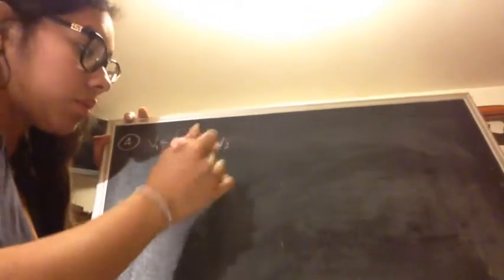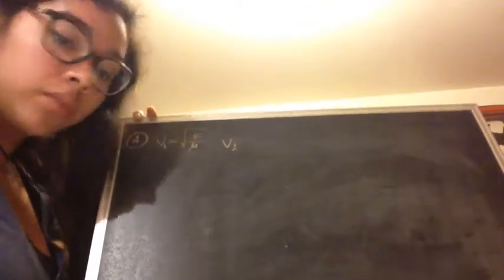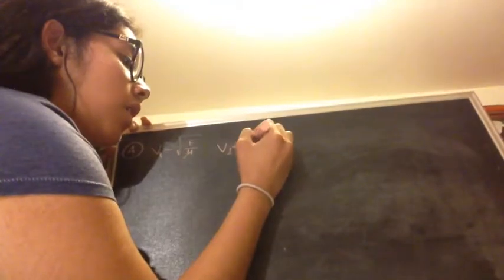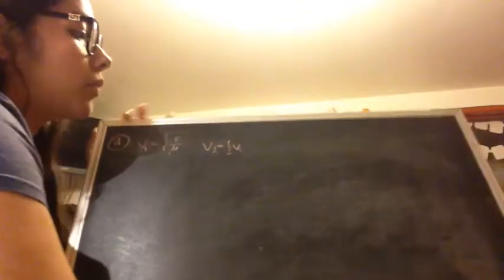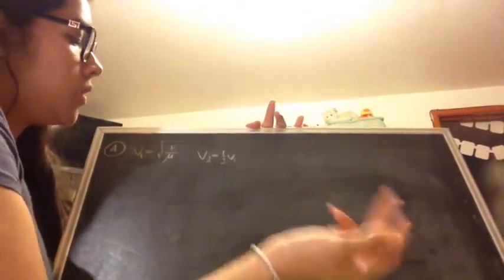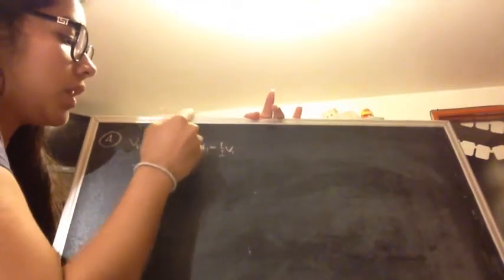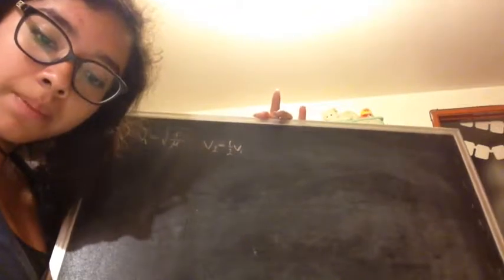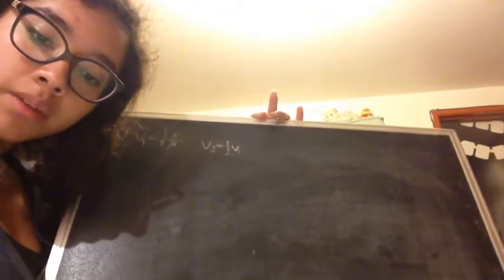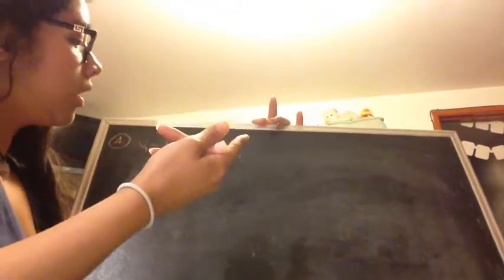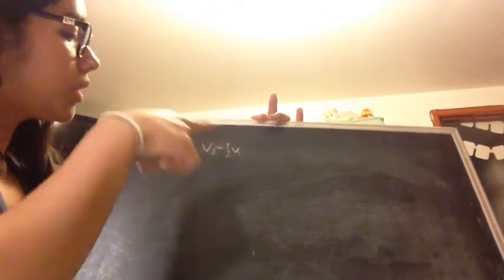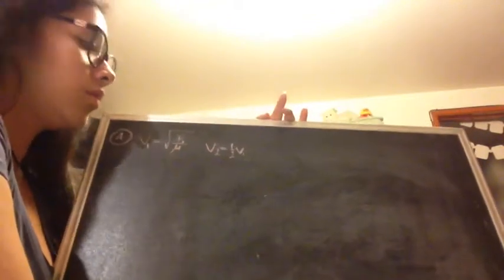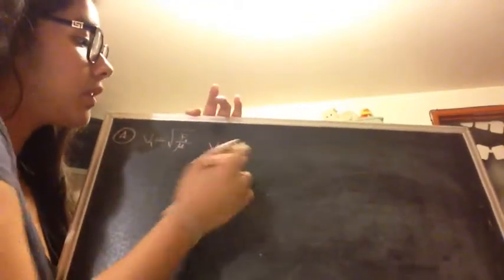It's half, so it's going to be 1/2 of velocity 1. So we need to find by which factor we have to decrease the force in the first velocity.